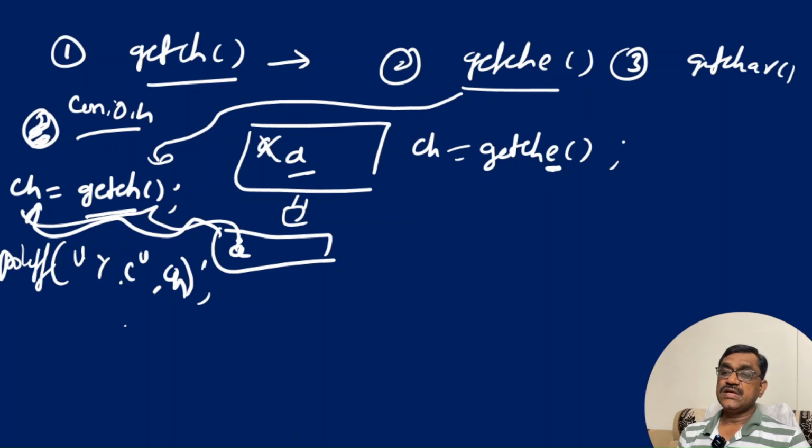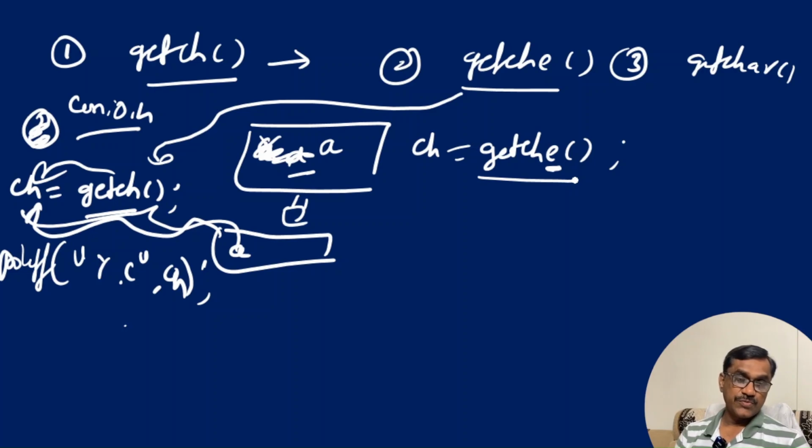Just now I said that the character is not displayed on the screen, but in the getche concept, E stands for echo, meaning whenever you press A on the keyboard, that is displayed on the screen, and without pressing the enter key, automatically it enters into the variable ch. That is the case of getche. It doesn't require any enter key to be pressed, but the character that you typed is displayed on the screen and immediately moved to ch.